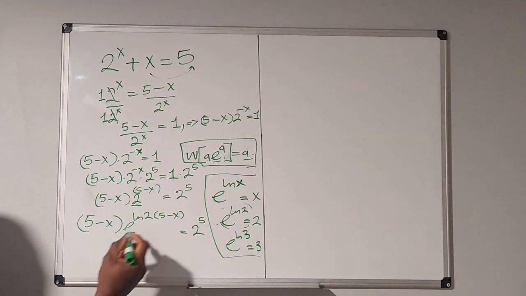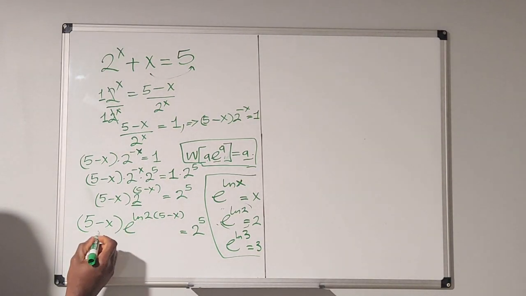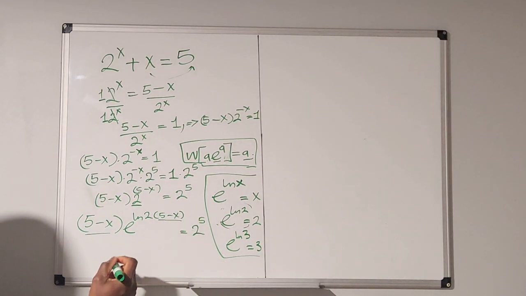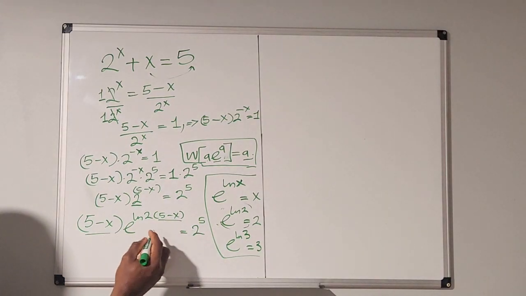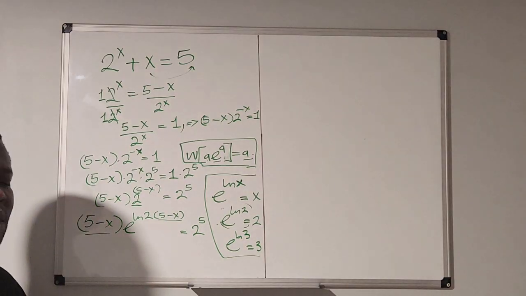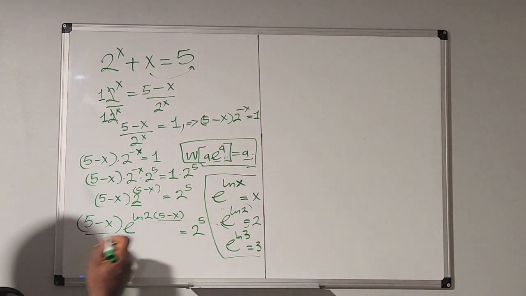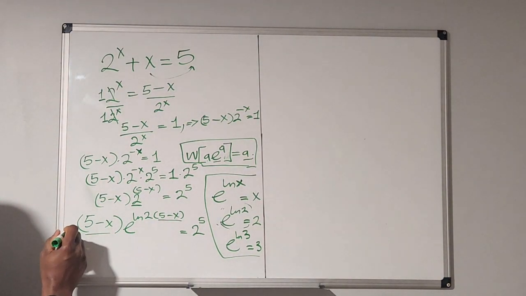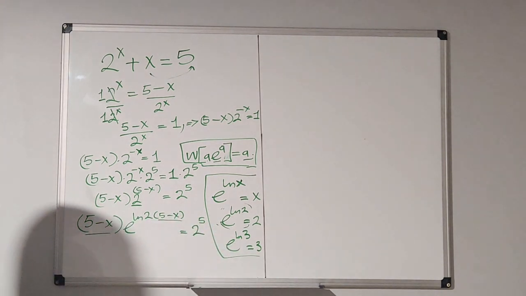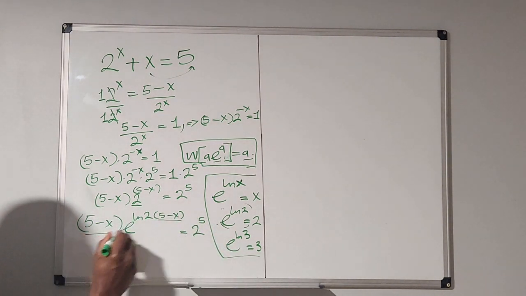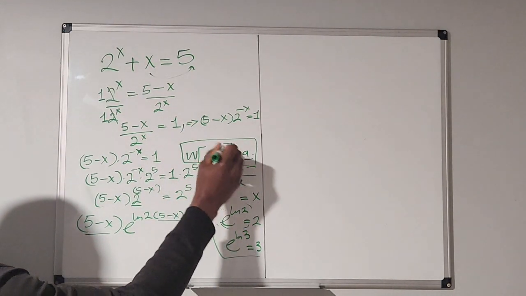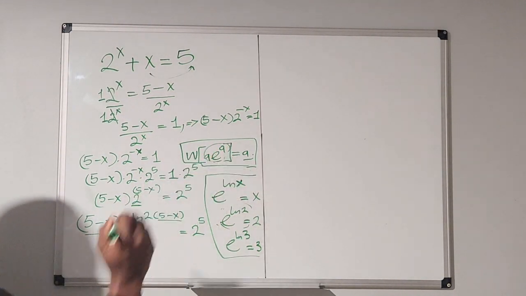Now we see that they are almost looking the same, apart from the fact that there is a ln 2 now at the top. So what we need to do is introduce ln 2 here. So multiply left hand side and right hand side by ln 2, so that what we have here and there are the same, which will now satisfy what we have up here.